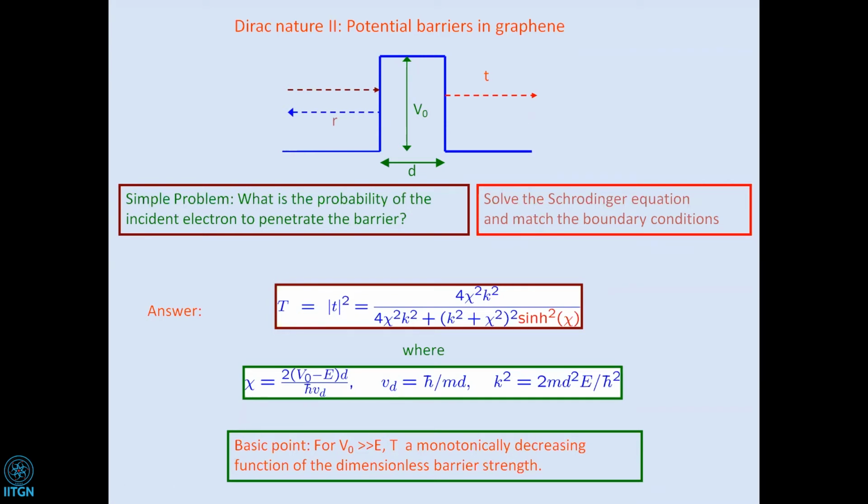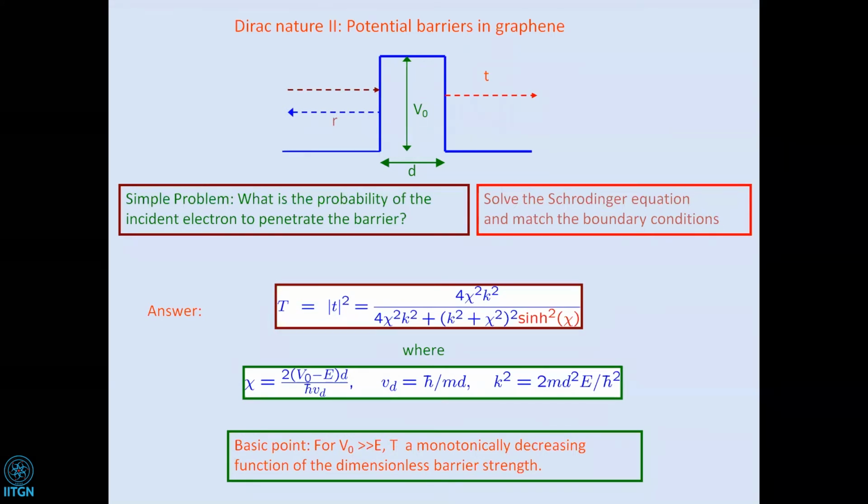But let's just look into potential barriers for electrons. Suppose we do this for electrons that follow the Schrodinger equation. We put in a barrier over a region in space, and we ask the simple question: what's the probability of an incident electron to penetrate through the barrier? Here, it is probably the first time that we encounter the difference of quantum mechanics from our standard intuition.